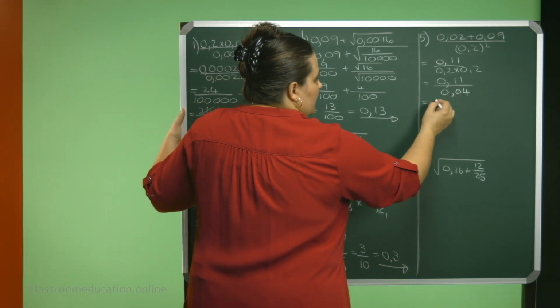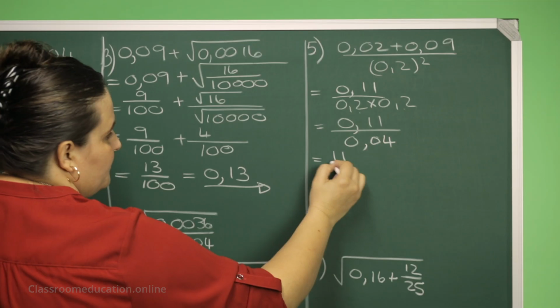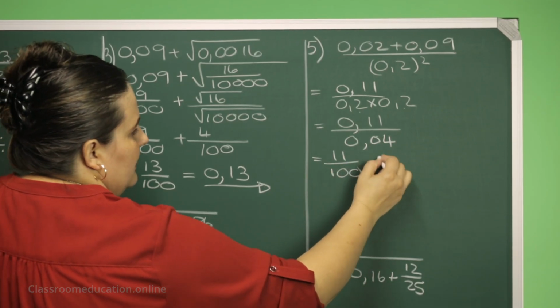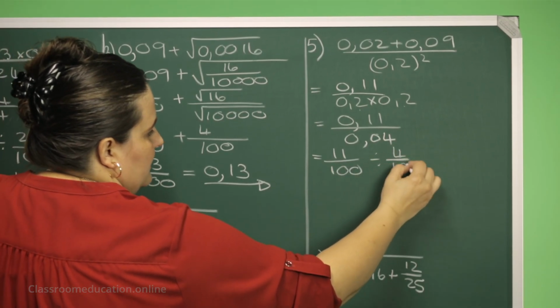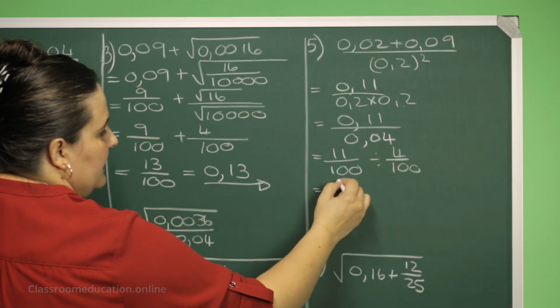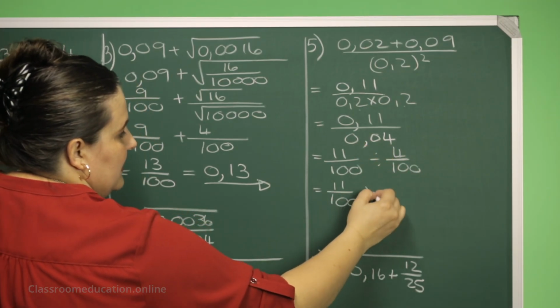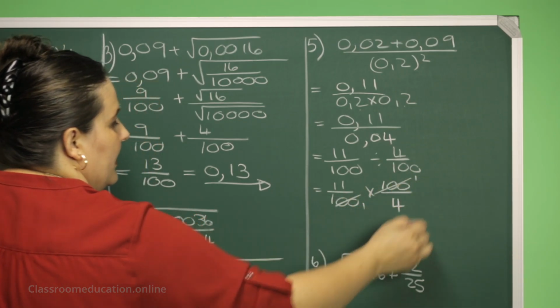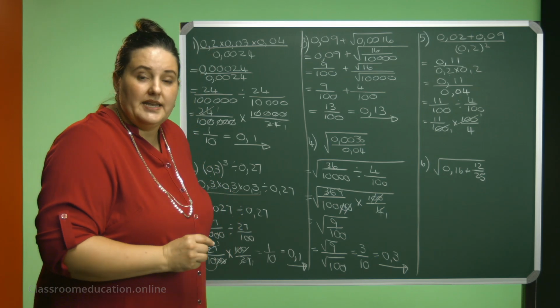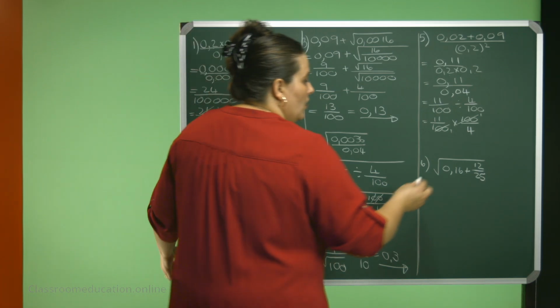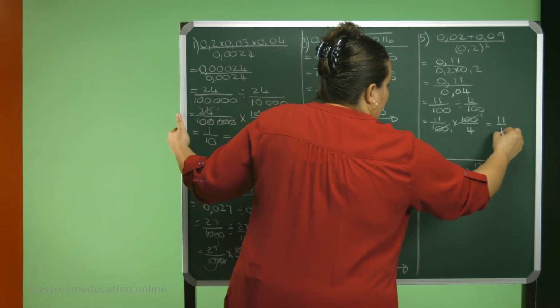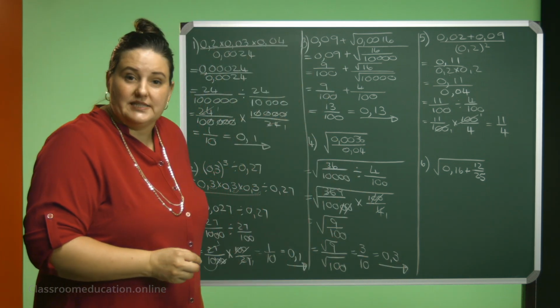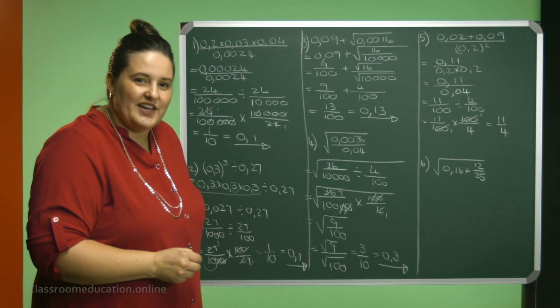So this will actually be 11 hundredths divided by 4 hundredths. Okay, so it will be 11 hundredths times 100 over 4. Cross out those. They are cancelling out. So what's remaining? 11 quarters. Can you change that to a decimal value? Yes, you can.